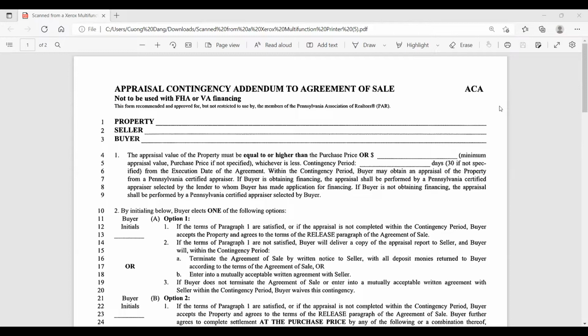One of the questions I pointed out yesterday in my mass email when I sent out the notes was that with this contingency, and we're going to go through these options, there really isn't an option for an extension. If the buyer doesn't get the appraisal in that 30 days, both options don't really allow for an extension.